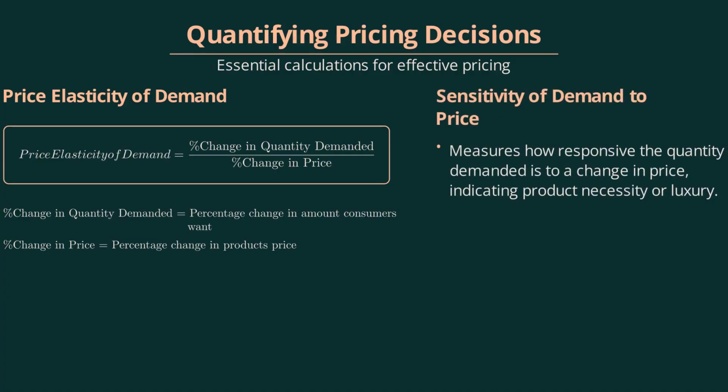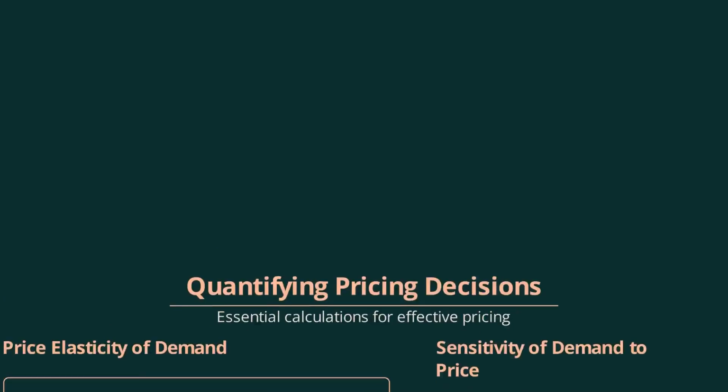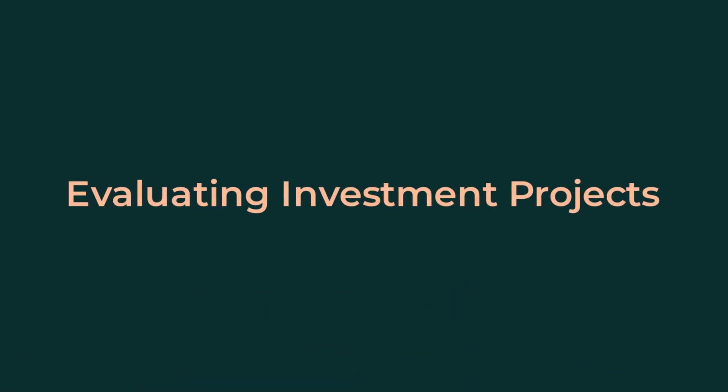This metric is key to understanding how sensitive your customers are to price adjustments, guiding your pricing strategy. It measures how much the quantity demanded responds to price changes, revealing if your product is a necessity or a luxury.